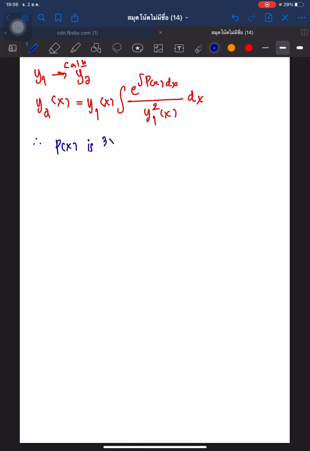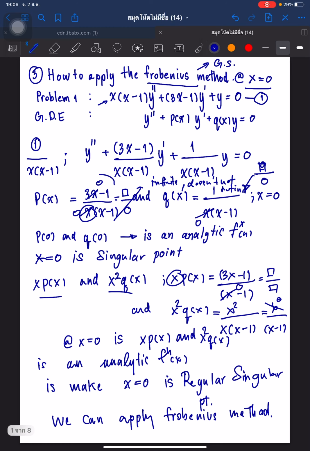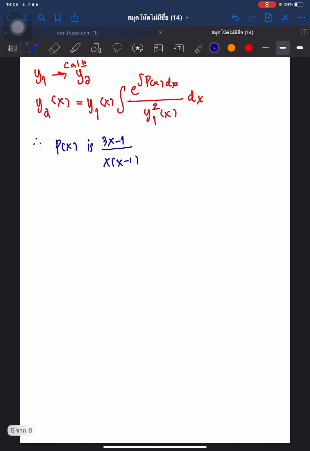After we get y1 from the step, you calculate y2 from this. The y2 equals y1 of x integrating the factor and y1 squared, because p of x is from the large page, this, a minus integrating p of x dx equal 3x minus 1 over x in the bracket x minus 1 dx equal a minus integrating.